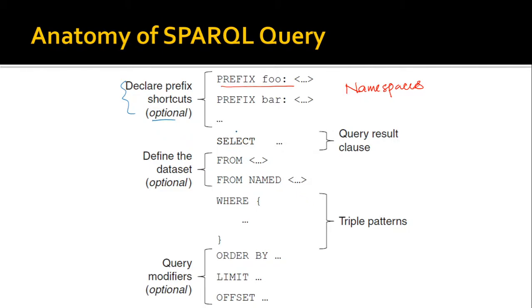Now you can see this is followed by something called select, right? So this is the query result clause, right? What kind of result you want to see. You can have select, you can have ask, you can have construct, you can have update, and so forth, right? Now, along with the select, you have a set of variables which you want as your output.